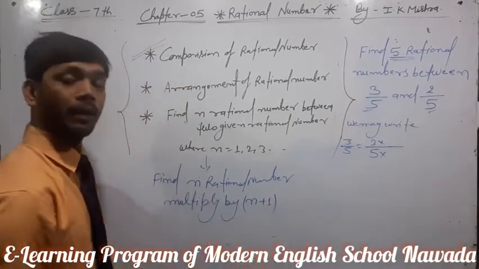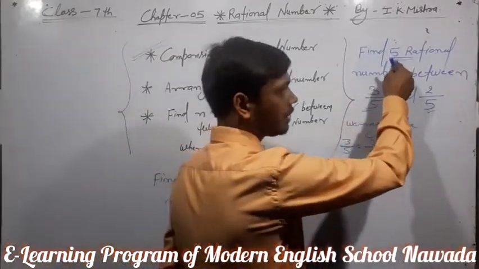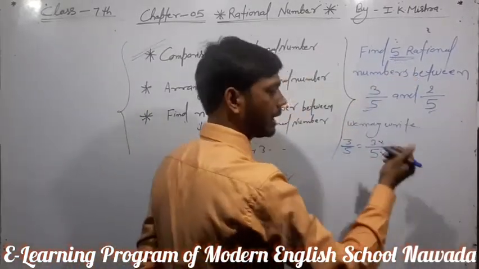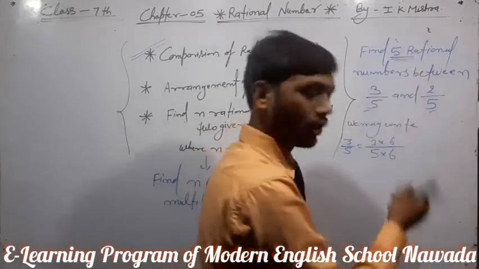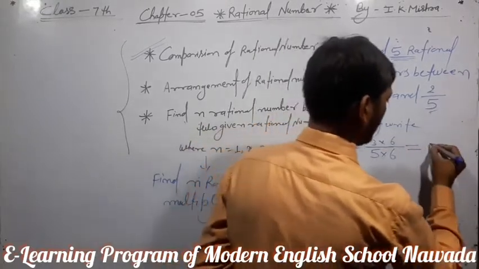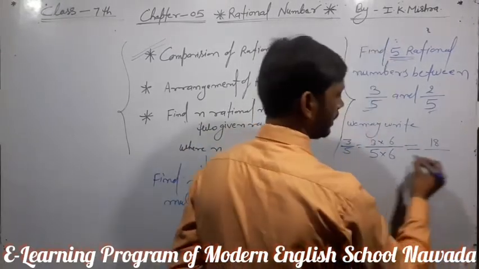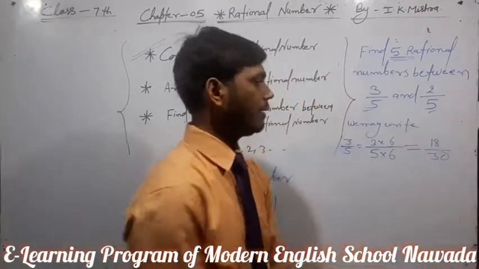That means if we have to find 5 rational numbers, we multiply numerator and denominator by 6. N plus 1, 5 plus 1 is equal to 6, giving 18 by 30. Here its equivalent rational number is 18 by 30.